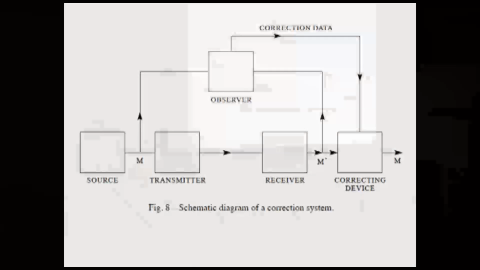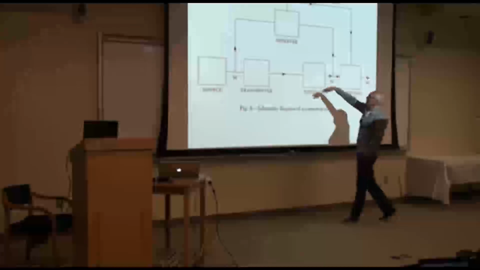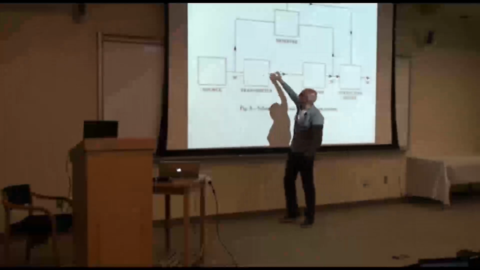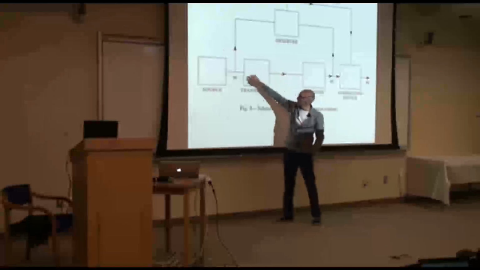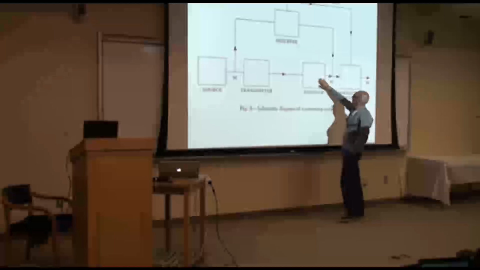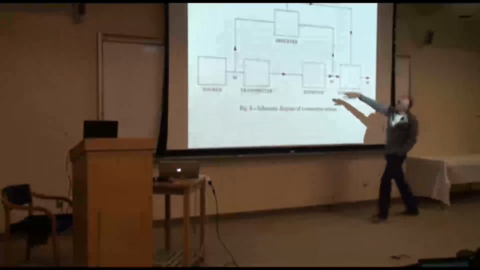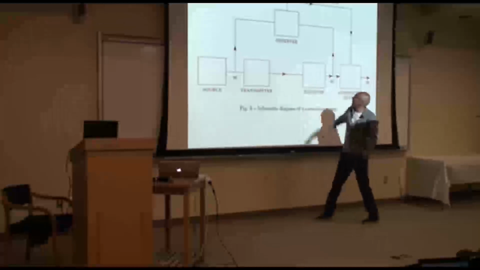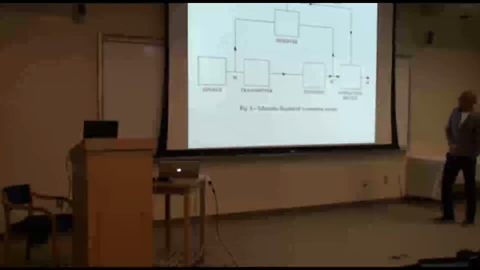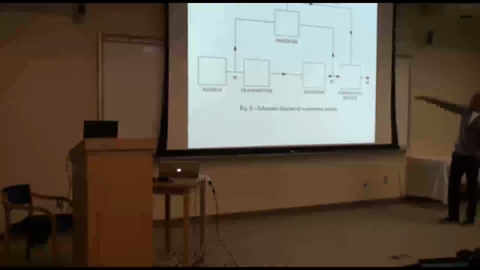So in fact, in this diagram, there is nothing here, it's just a straight wire. So you send the source kind of like uncompressed to this, there is a channel here. And then the work is done by this observer and the correcting device. So the observer looks at the input and the output.